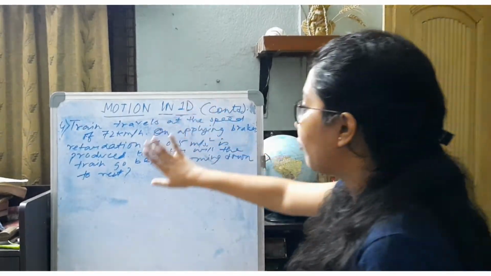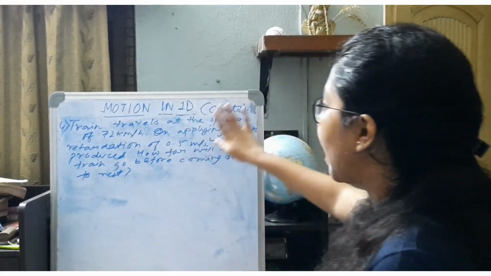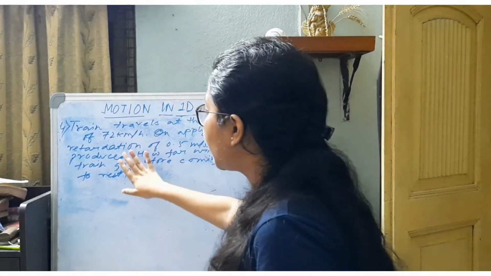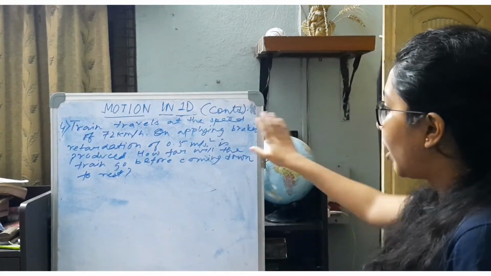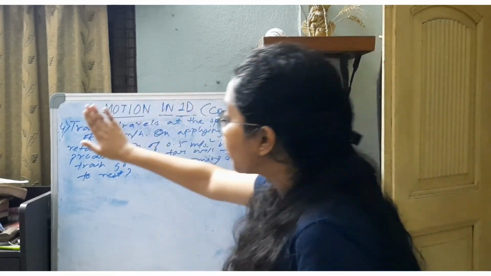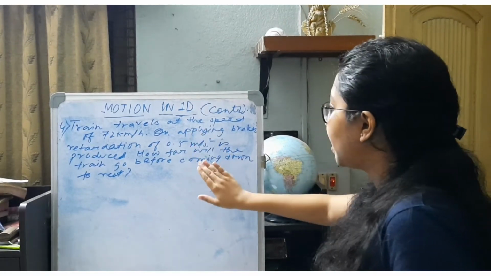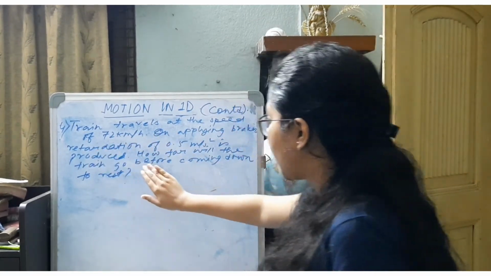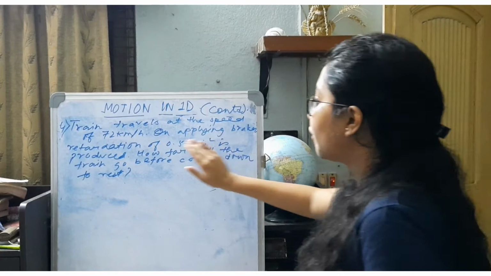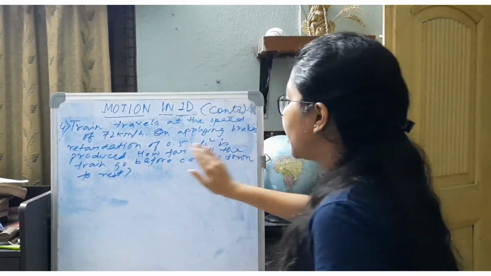In question number 4, it is given that a train travels at the speed of 72 km per hour. On applying brakes, a uniform retardation of 0.5 meter per second square is produced. How far will the train go before coming down to rest?